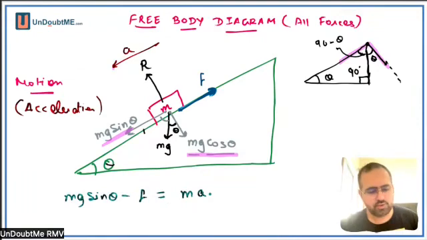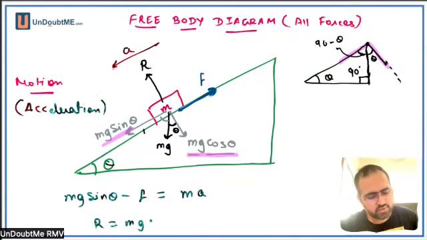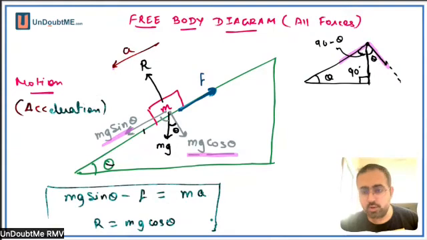Non-zero, it is a constant acceleration, but it is a non-zero acceleration. So that will give me mg sine theta minus f is equal to ma, and another equation will be r is equal to mg cos theta. I will be solving it from here and I will tell you the value of acceleration. This is one of the MCQs which is usually asked.